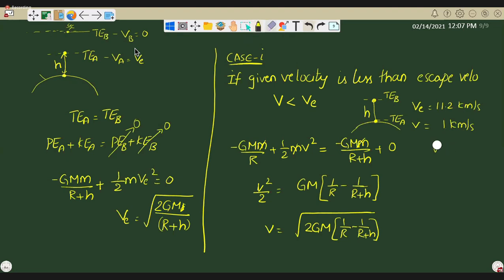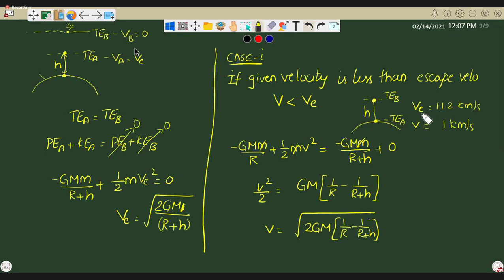Then what we have to do is convert whatever is there into VE and V, isn't it? Correct? Yes.